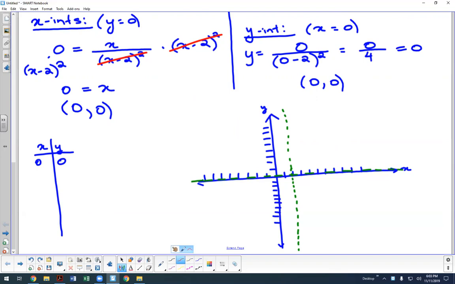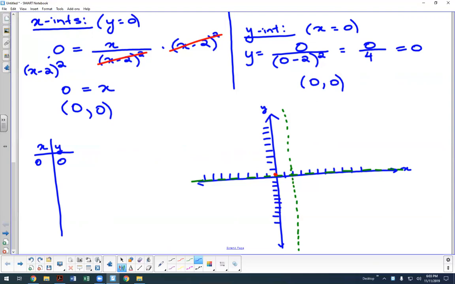And then we know our x and y intercept is at 0, 0. So let's see if we can find points on either side of our intercept, but also our vertical asymptote.